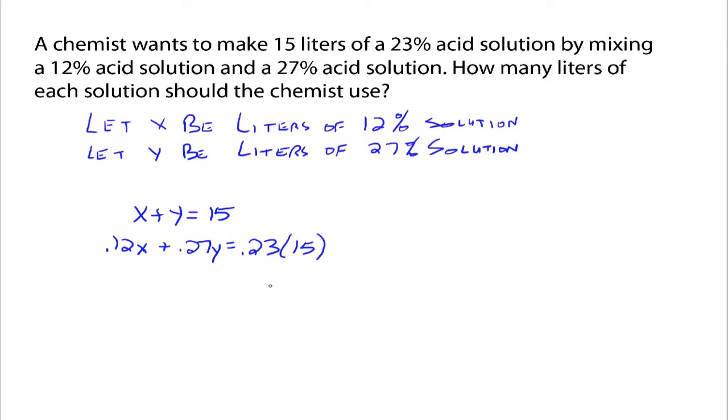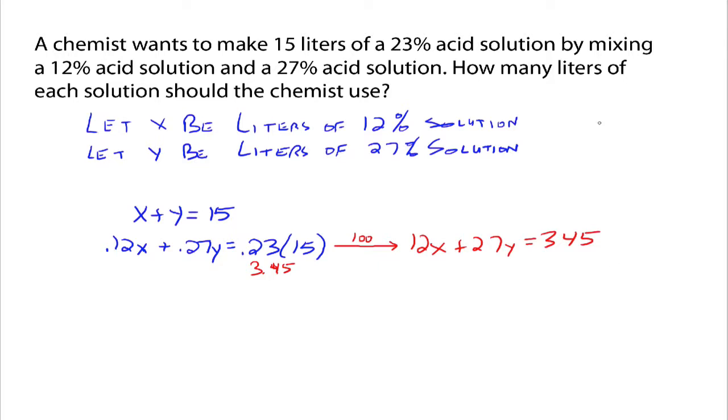So, all right, note that 0.23 times 15 is 3.45. Okay. So I'm going to multiply this bottom equation here by 100 to get rid of all the decimals, and that'll give us 12x plus 27y equals 345.